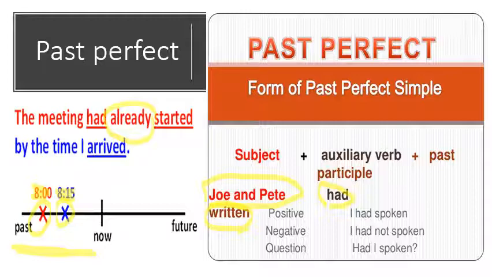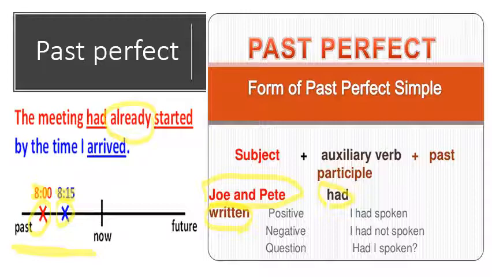Therefore, usually the action which happened first, we always make it in the past perfect, and the more recent action is in the simple past form. So the meeting had already started. This one in red, had already started, indicates the start point of the meeting.